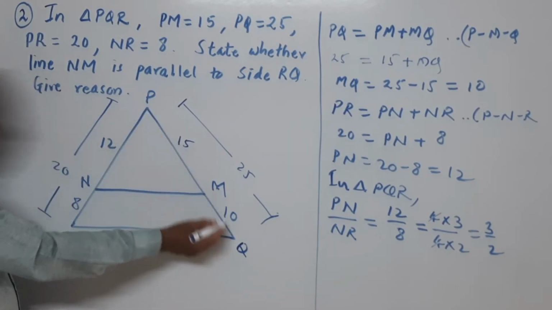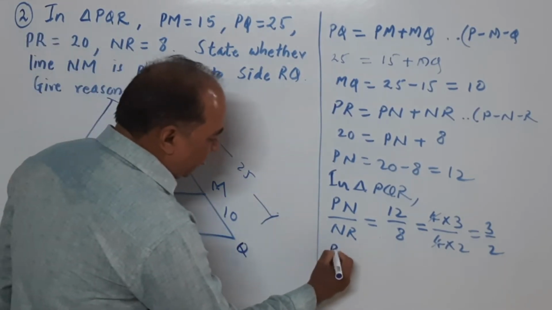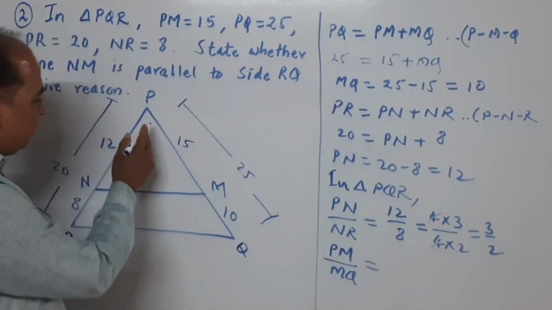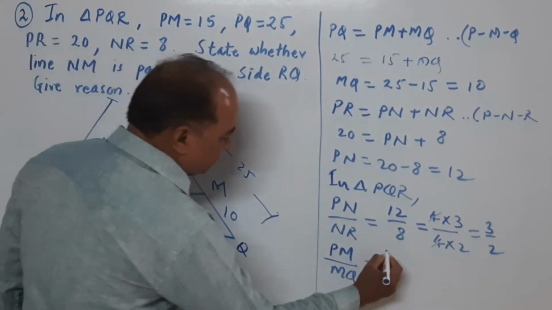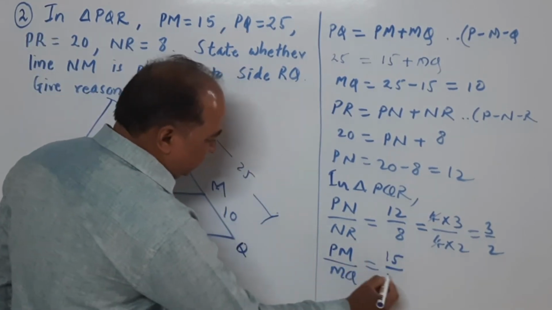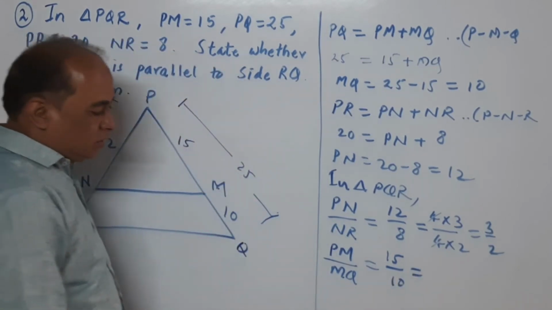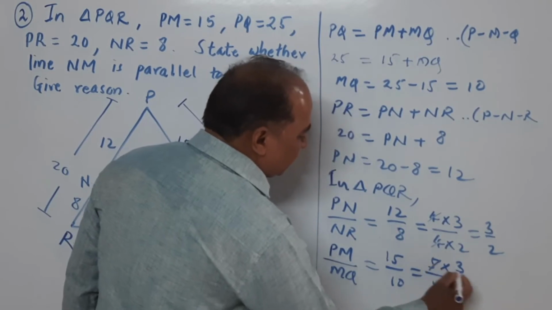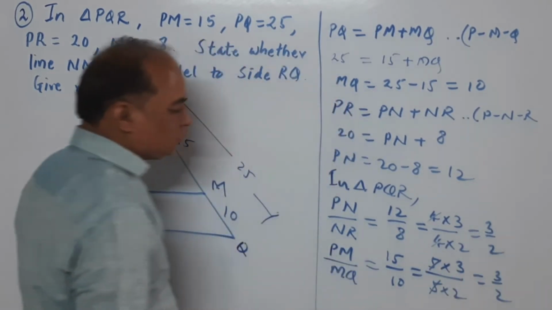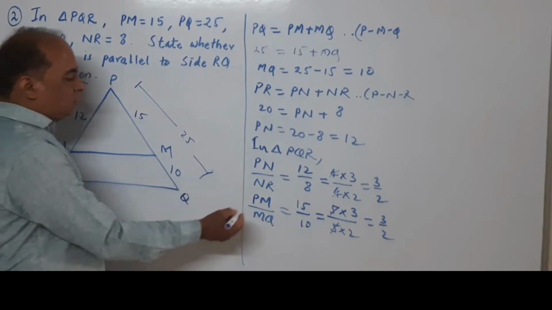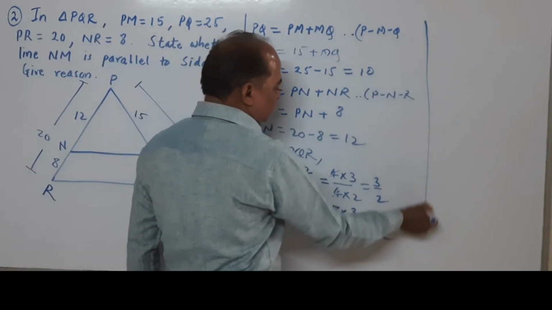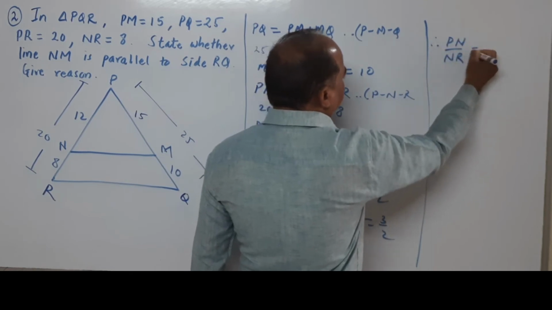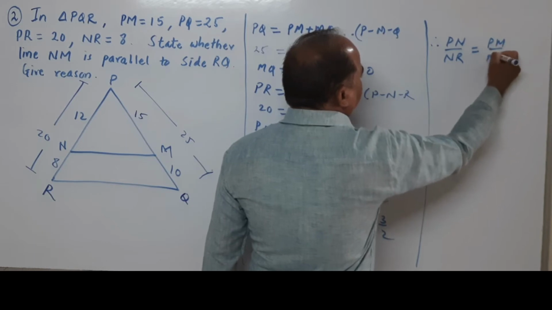In the same manner, now PM upon MQ, that is 15 upon 10. 5 3s are 15, 5 2s are 10, 5 will get cancelled, and the ratio will be 3 upon 2. Therefore PN upon NR is equal to PM upon MQ.